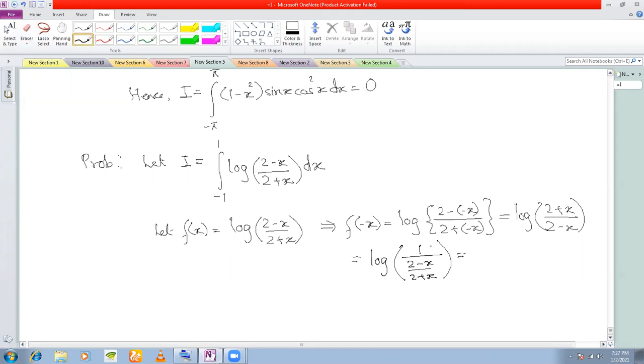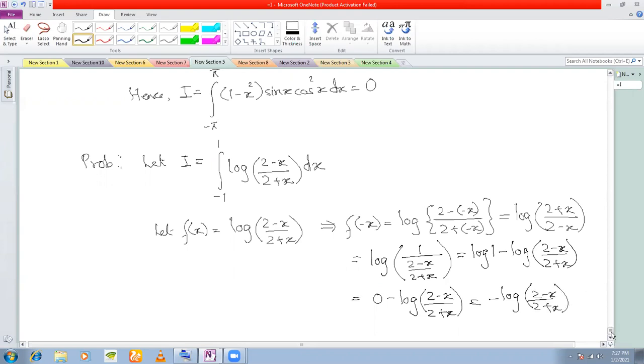Now this is log m by n, which can be written as log m minus log n. You know log 1 is 0. So this simply becomes 0 minus log (2 minus x) by (2 plus x). So this simply becomes minus log (2 minus x) by (2 plus x).